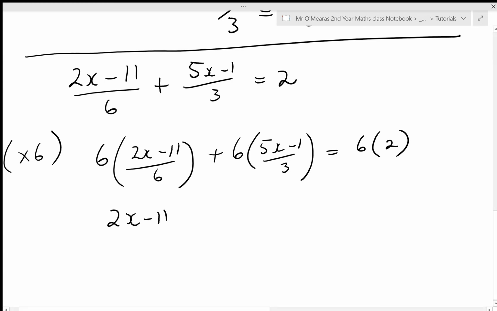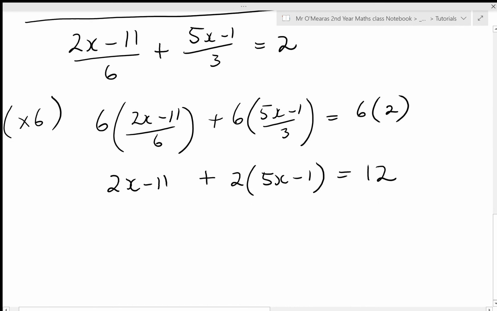In the next term, we have 6 times 5x minus 1. 3 divides into 6 twice, so we end up with 2 times 5x minus 1. On the other side, we have 6 times 2, which is 12. So we've eliminated the fractions by multiplying across by the lowest common denominator, which is 6.